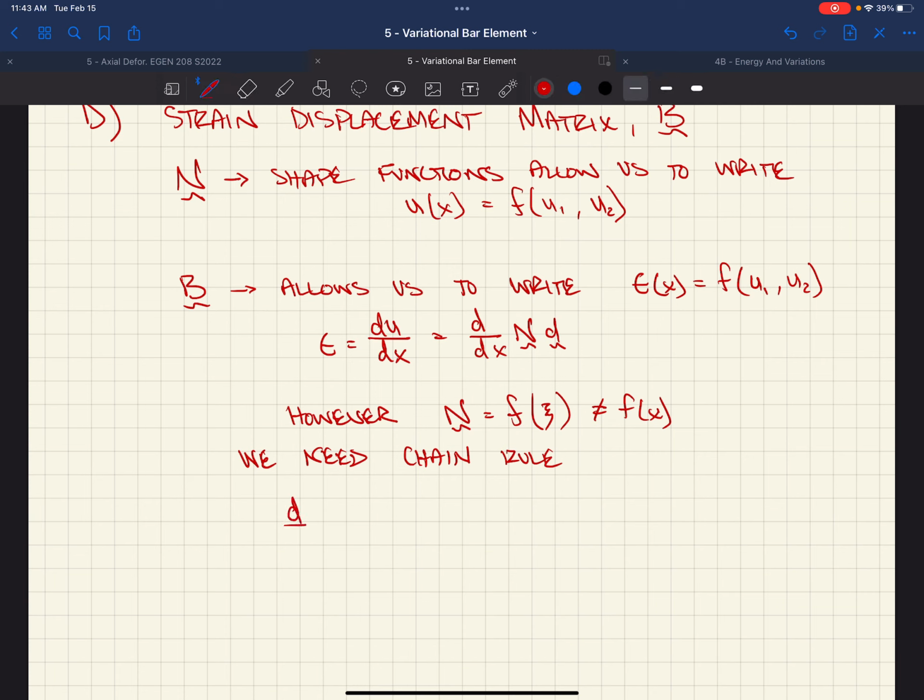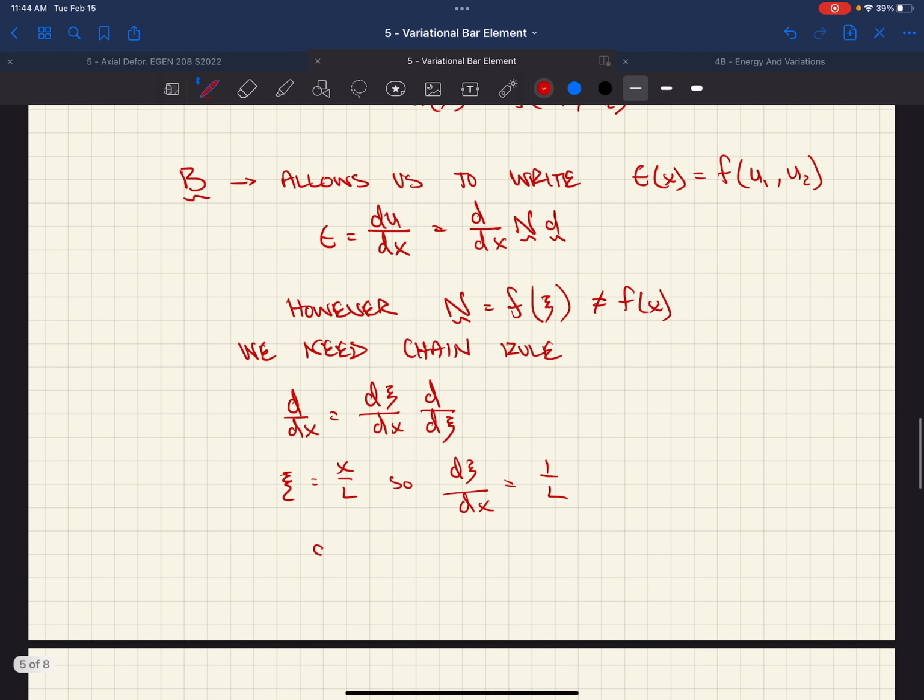That means that d/dx, the derivative with respect to x, is the same as saying the derivative of xi with respect to x times the derivative with respect to xi. So if we have xi, that is x over L, the derivative of xi with respect to x is really 1 over L. So d/dx equals 1 over L d/dxi.